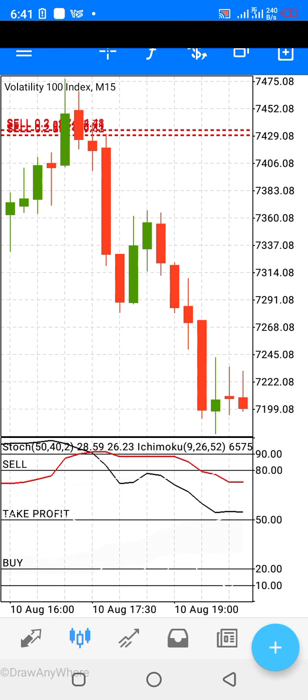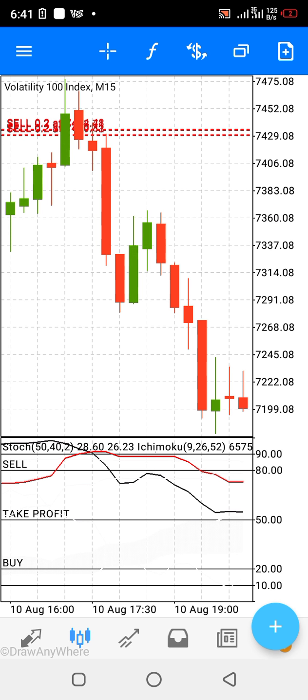Now look at this one for instance. The best place to enter a trade was this place. That is where I usually do it. You wait for the red light to come and this one to cross, so that when you see that from here it has opened its mouth and is going, then you enter a trade and you see that you are winning.